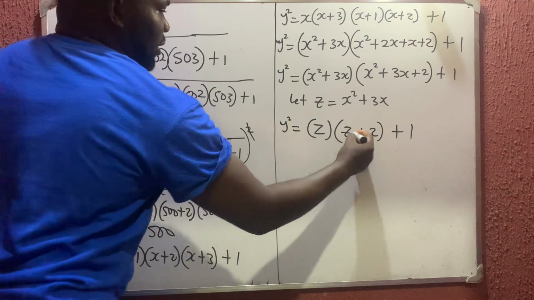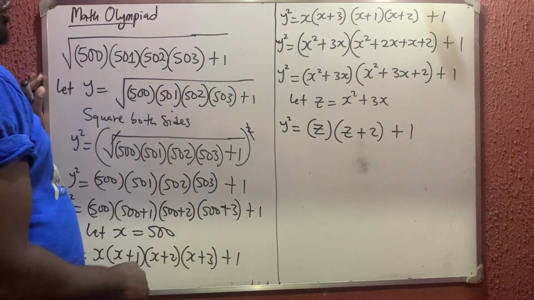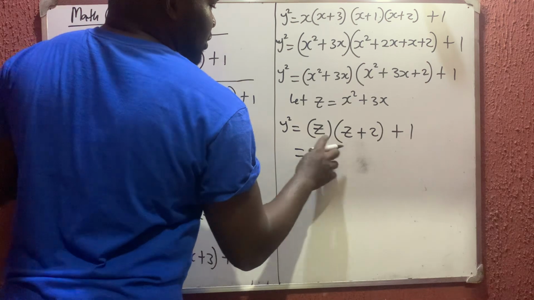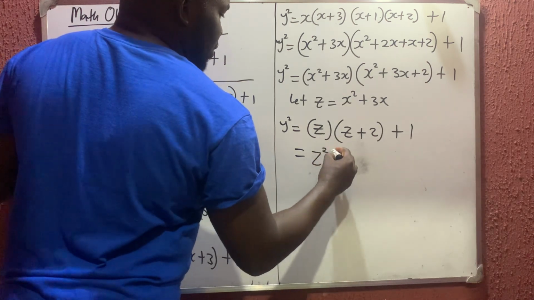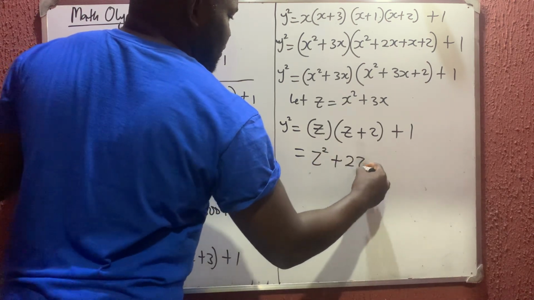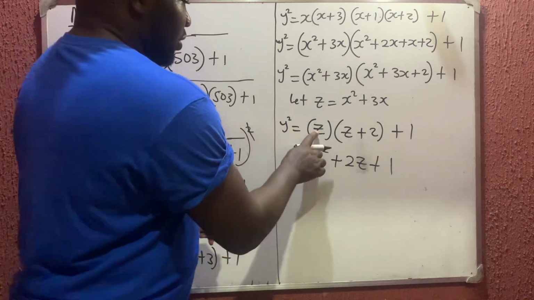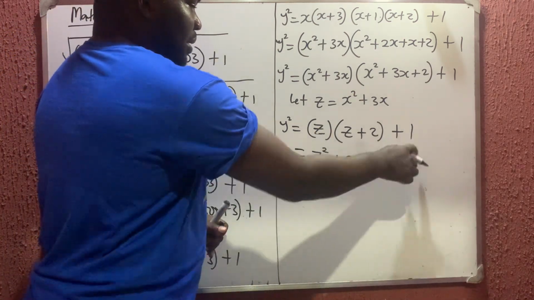Let us multiply these two. This time this I'm going to have z squared plus 2z plus 1.